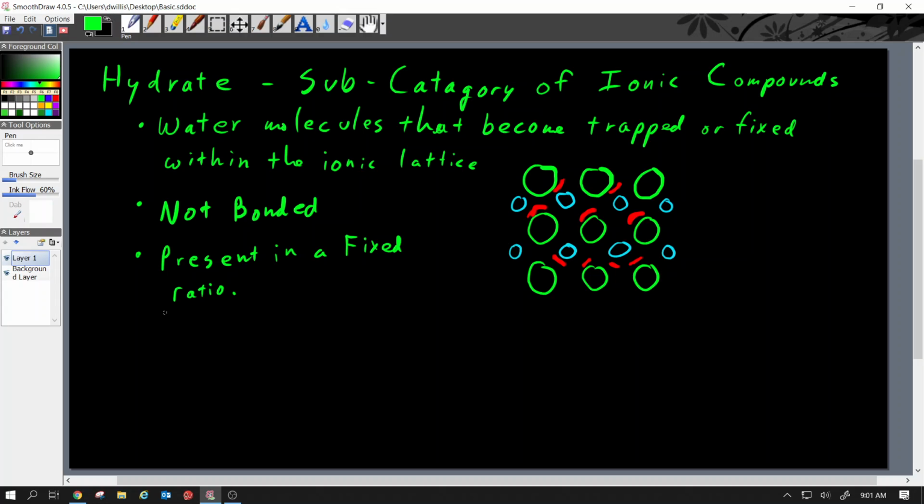And so the way that we would name that, you would write the name of the ionic compound, and then you put a dot, and then you put a numeric prefix and the word hydrate.